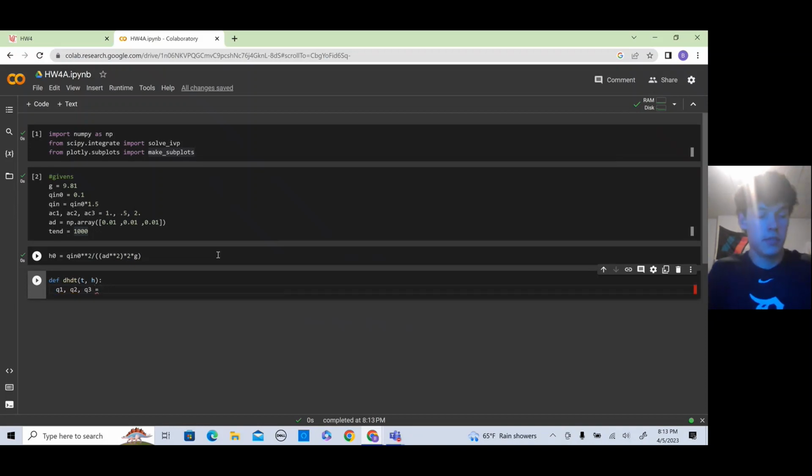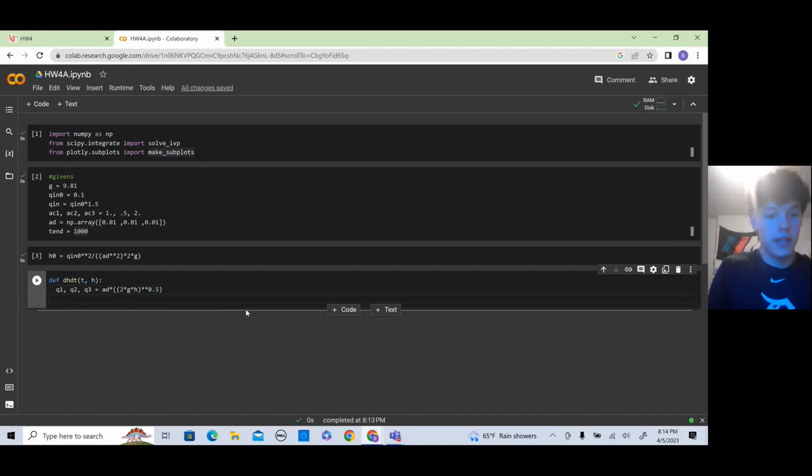And these can be gotten by using the equations we derived for dH/dt. So it will be equal to our AD times the square root of 2 times G times H. Just make sure all this is grouped together.